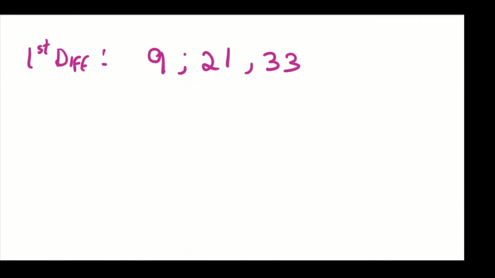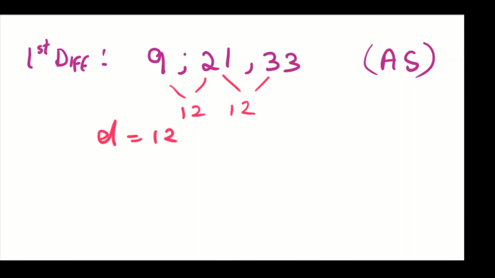And you need to note that the first difference of a quadratic number pattern is actually an arithmetic sequence, right? So we need to identify the sum of this arithmetic sequence, where the difference between these two terms is going to give you 12. So it means now that d equals 12, our a value equals 9.